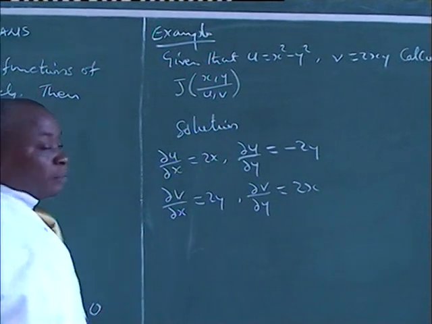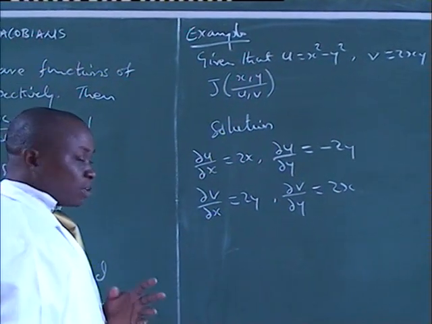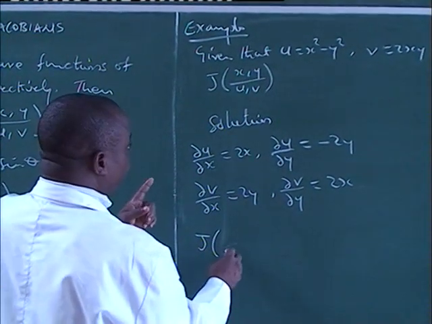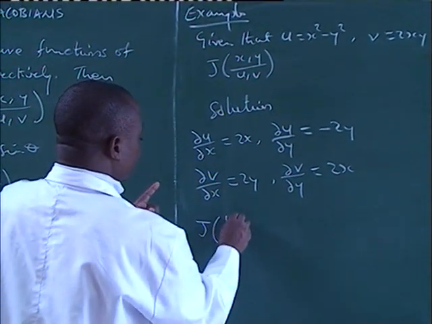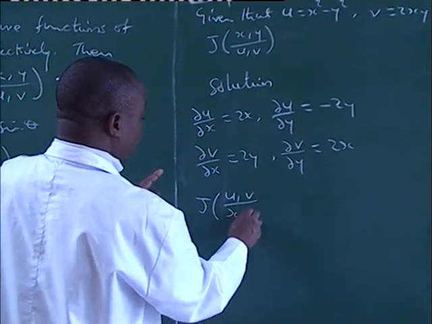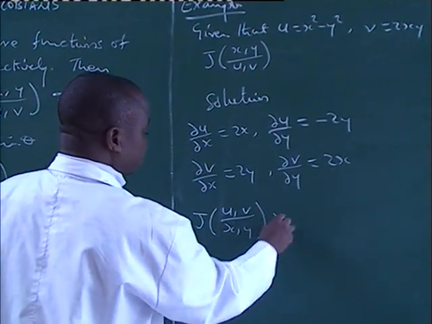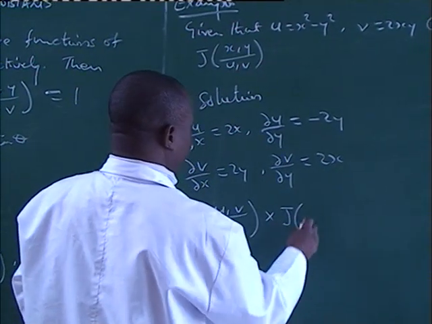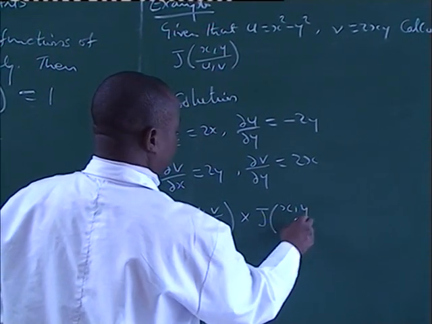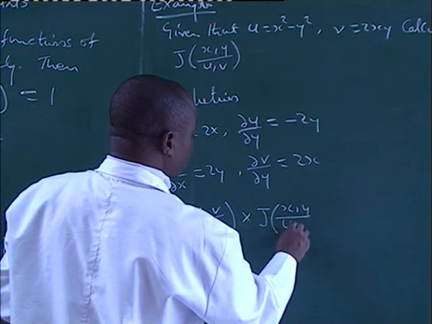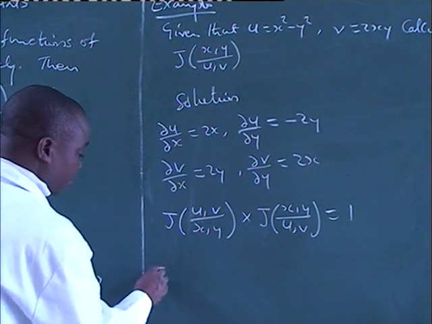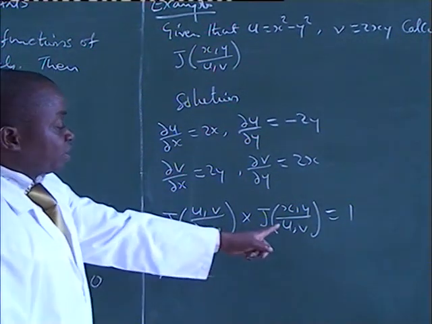Now, by property of Jacobian, we know that the Jacobian of u and v with respect to x and y times the Jacobian of x and y with respect to u and v will be equal to 1, which implies, you see what we need here.